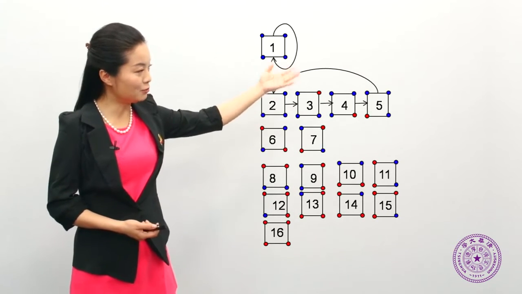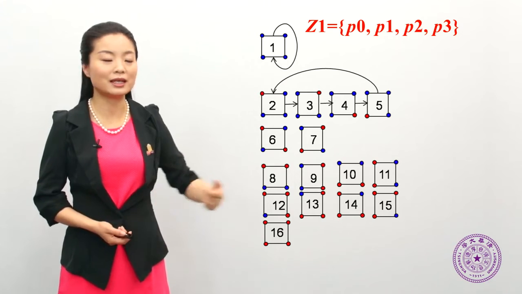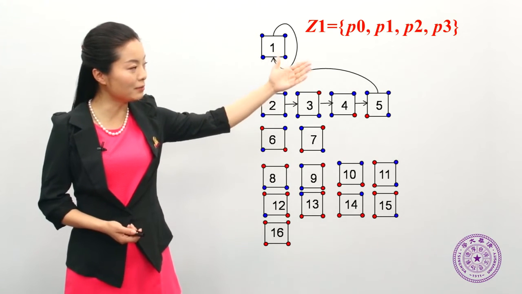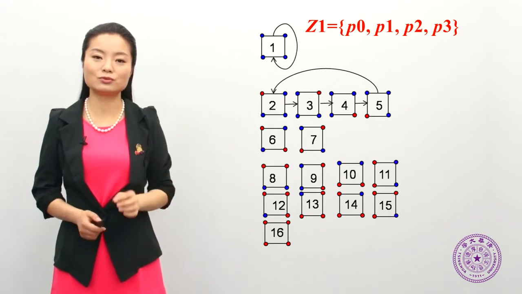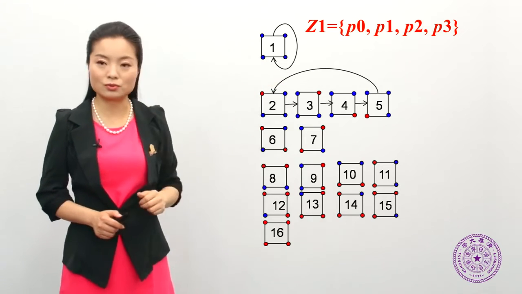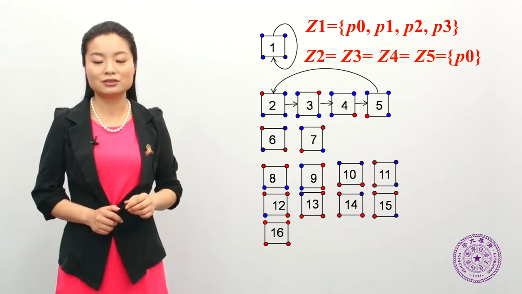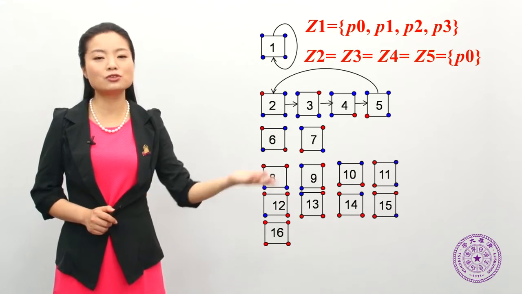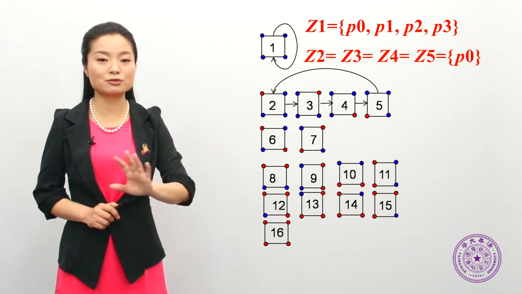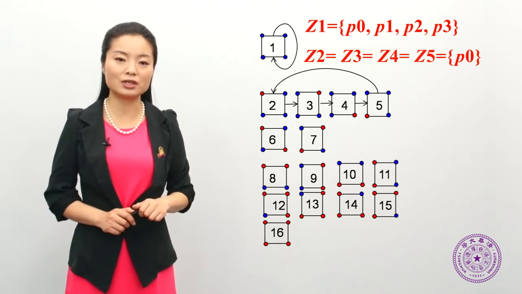Regardless of how we rotate it, it is still itself. Therefore, its stabilizer includes P0, P1, P2, P3. All 4 elements are included. Corresponding to image 2, only P0 makes it unchanged. The rotations of 90 degrees, 180 degrees, and 270 degrees will change it. Therefore, its stabilizer includes 1 element, which is P0.